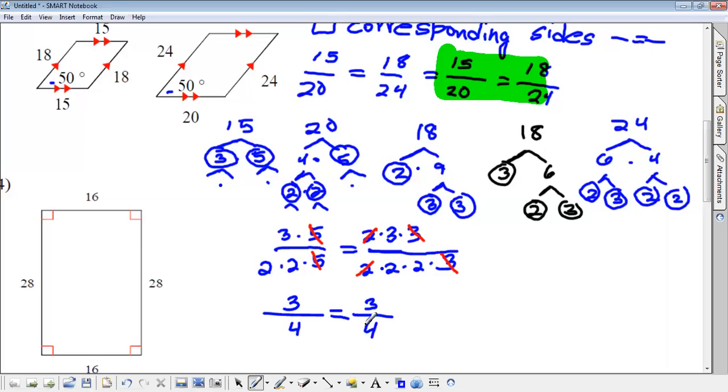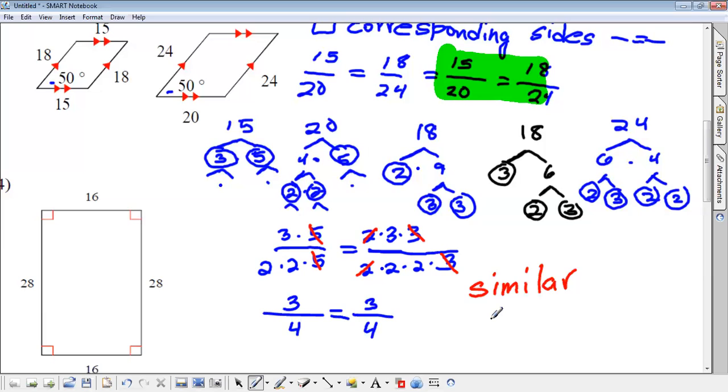So guess what? They're equal. Here they look different, but once you reduce a fraction, they're the same. So therefore, your answer is yes, they're similar. If they're proportional, then they're similar.